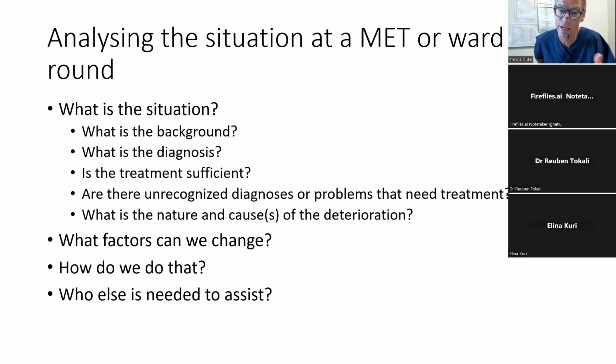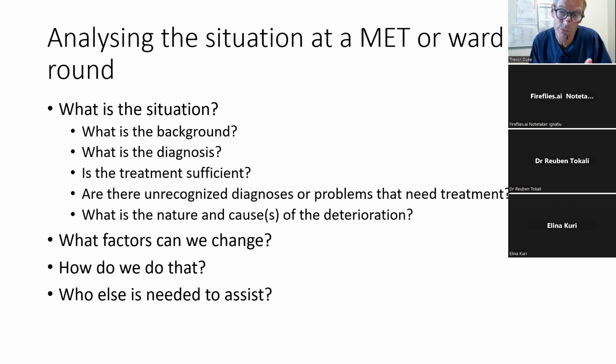And what's the nature and the cause of the child's deterioration? These are questions that we should ask to explore a bit further why a child deteriorated, and to identify what things we can change. And you saw with that case I mentioned with Joy, there was a lot of things we could change to make it better for her, to help her get better.